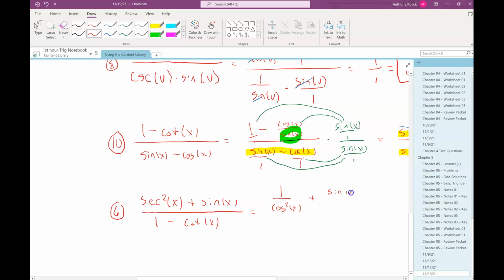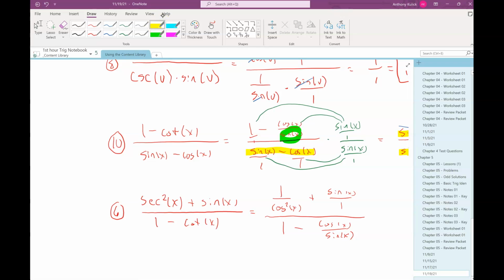And since there's a fraction up there, I'm just going to write that as sine x over 1 so I don't get confused and do something silly. And then cotangent is cosine over sine. So there's that. Everybody's okay with what I did there?